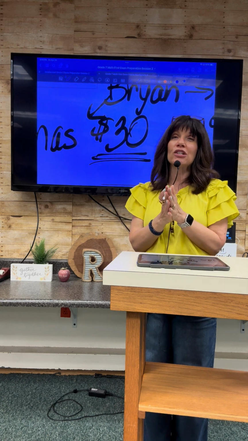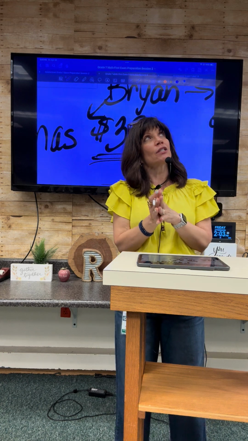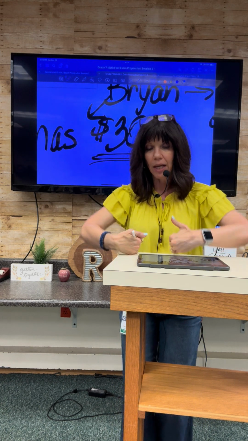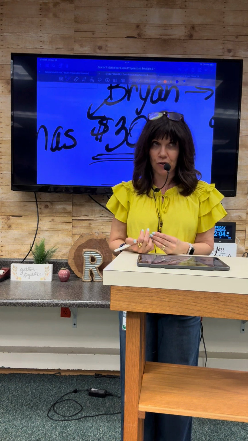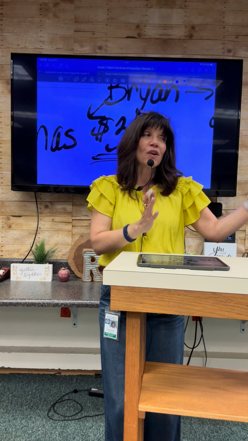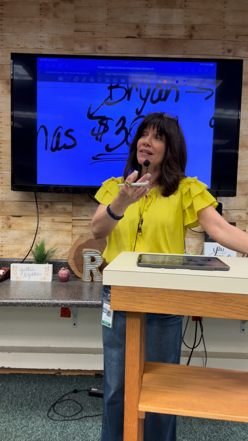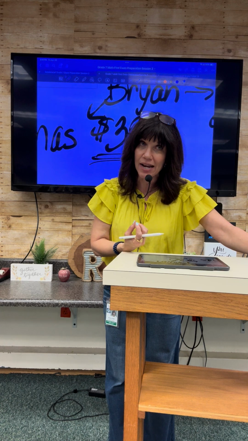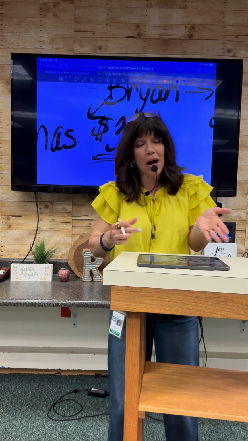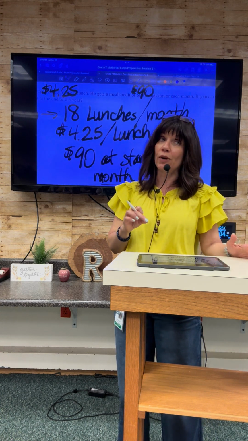So in the situation, let me explain their wording, because I feel like they were a little tricky. They are asking you a question about, given this moment in time, if Brian currently has $30 in the bank, and he's planning for the next 3 months of buying lunches, and at the beginning of each month, he always has a fresh deposit of $90 in his lunch account, and then he buys 18 lunches that month for $4.25 each.